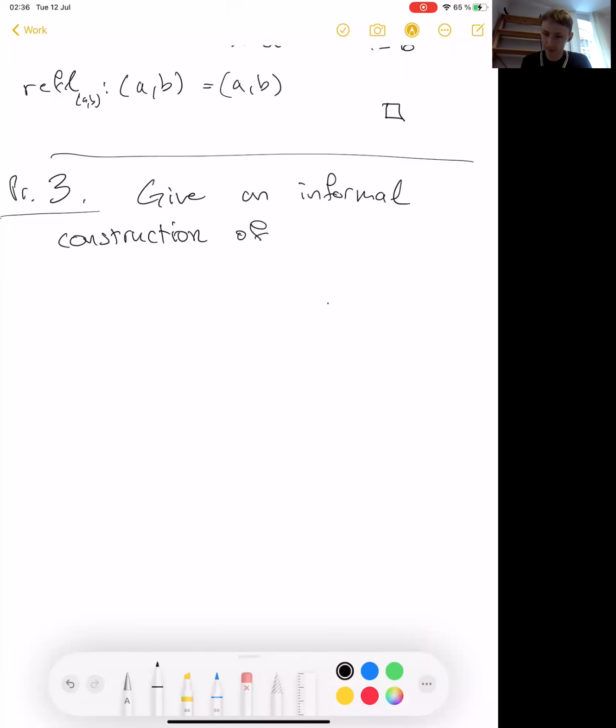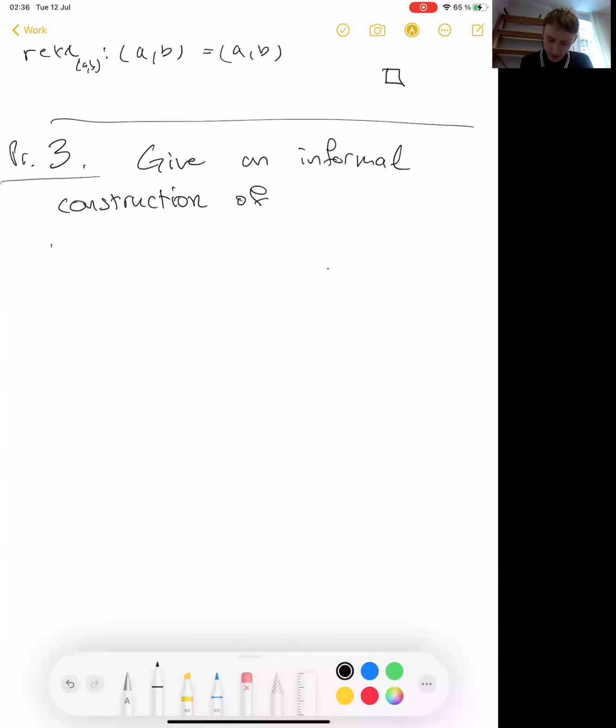of the following type. So here's a big type. Pi over a, a prime in A, b, b prime in B, of (a equals a prime) cross (b equals b prime) to (a comma b equals a prime comma b prime).